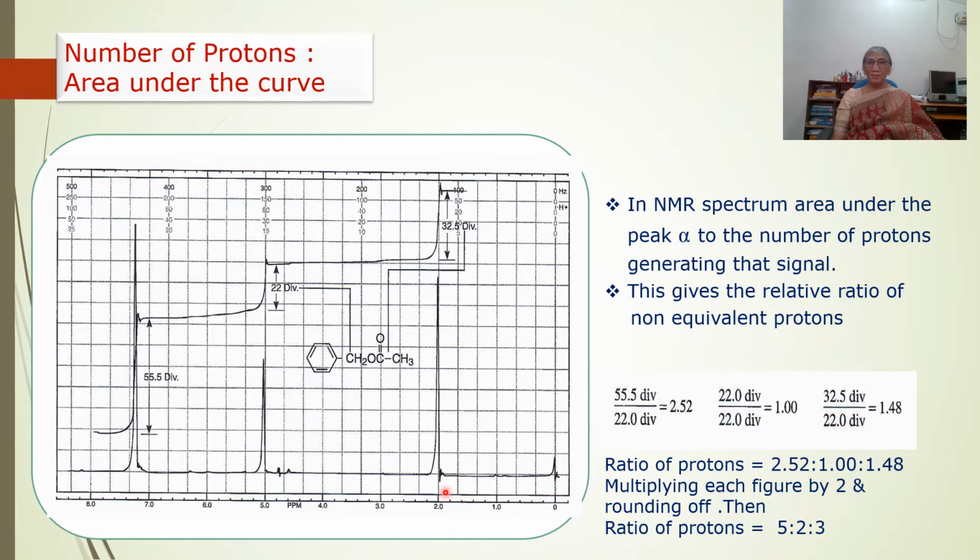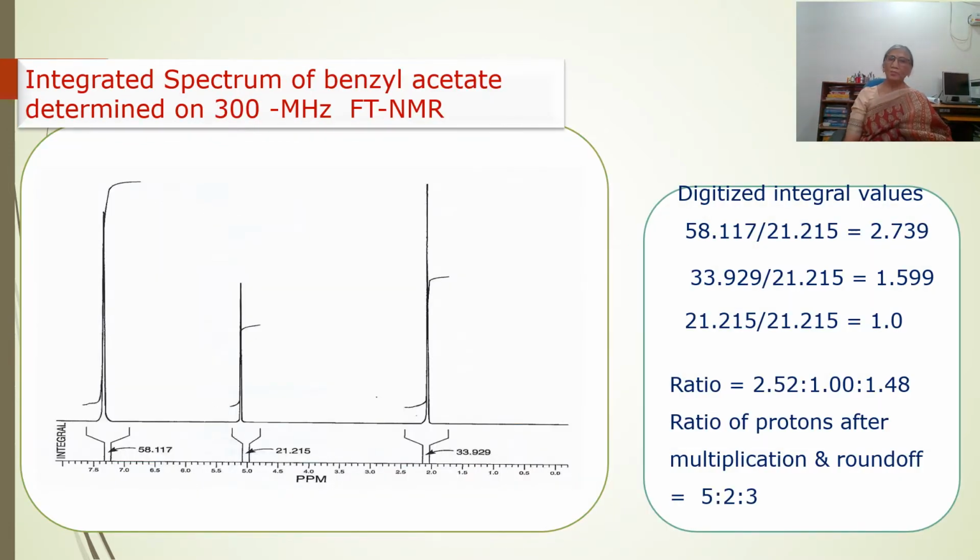So by knowing the height of the integral, we can determine the relative number of protons giving signals. Modern NMR spectrometers give digitized integral values for the integrals. In this spectrum, these digital integral values are given below the signal.